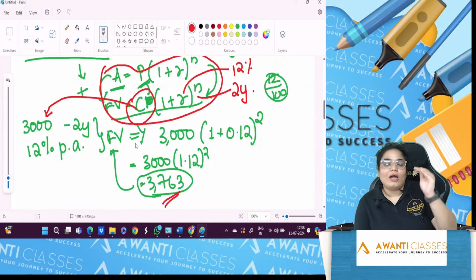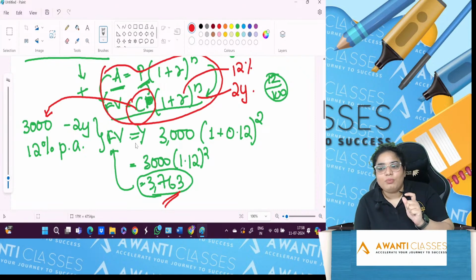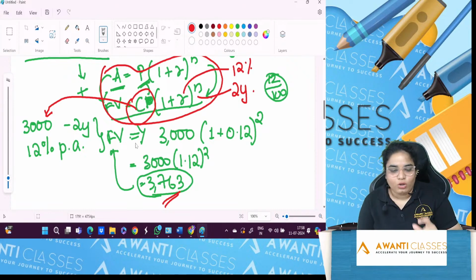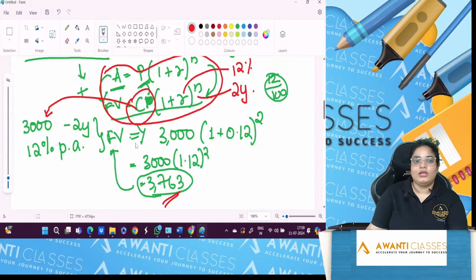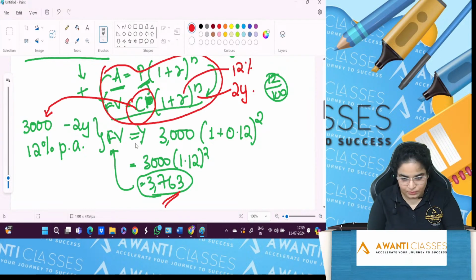Correct? So at the end of every month you will get this payment. So whatever payment that you get at the end of every month, it will be annuity regular. Okay, if you want to make a note of it, you can. The biggest example of annuity regular is salary. The biggest example of annuity due is rent.